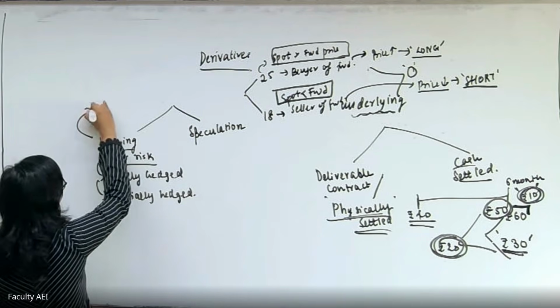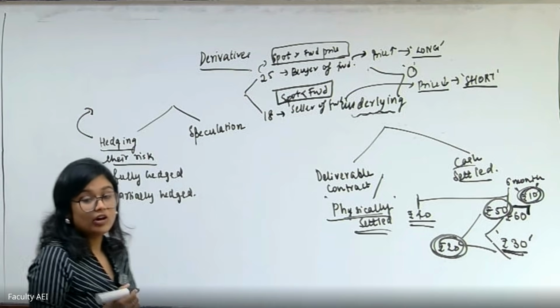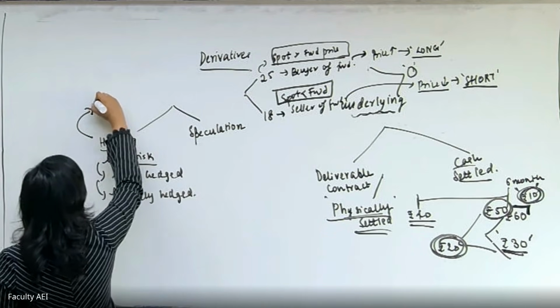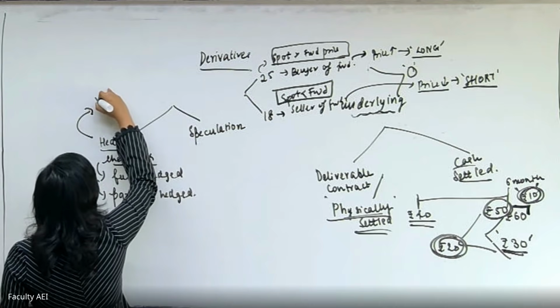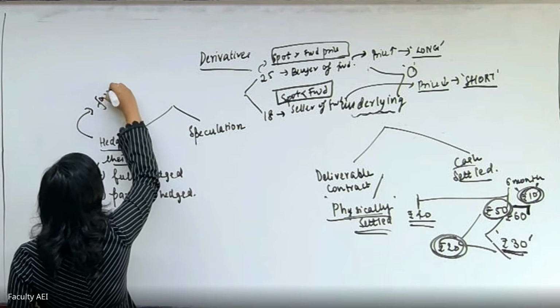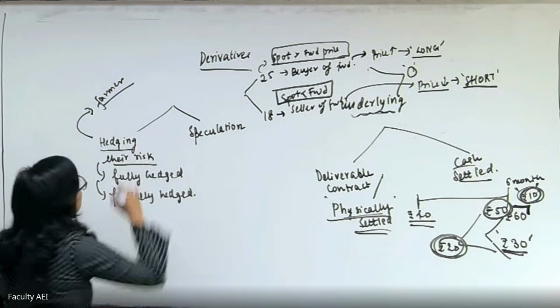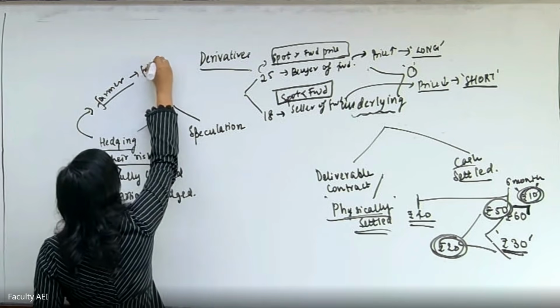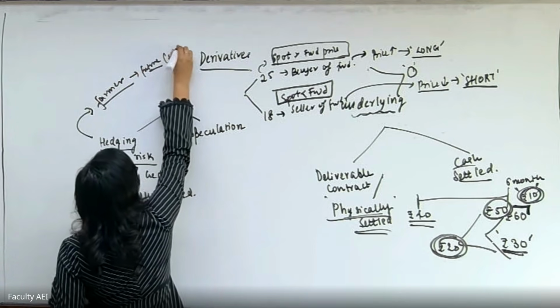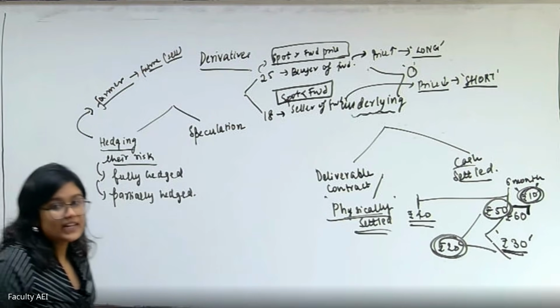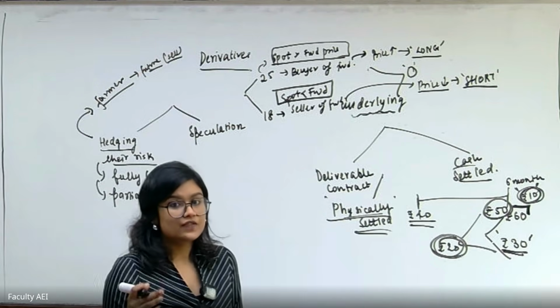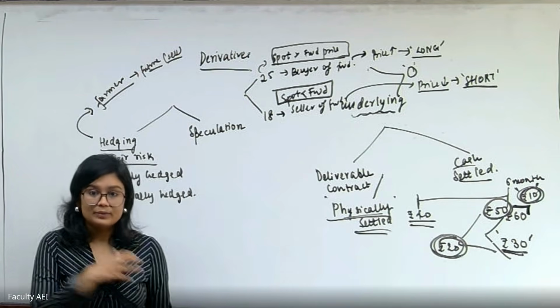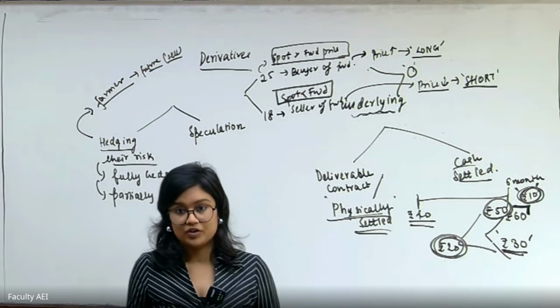Now, what did the farmer want to do? The farmer wanted to sell potatoes in the future. How would I decide who would be buying the forward contract and who would be selling it?